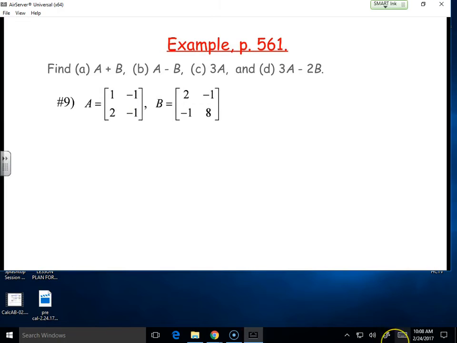What'd you guys get for letter a, which is A plus B? 3, 7. Okay. So when you read off the matrix, you do the same thing as your calculator. You work your way across, next row, right? Letter b. How about A minus B?